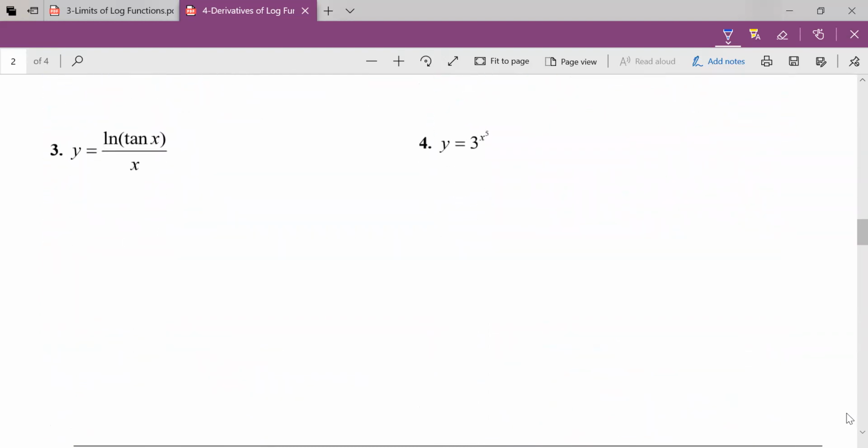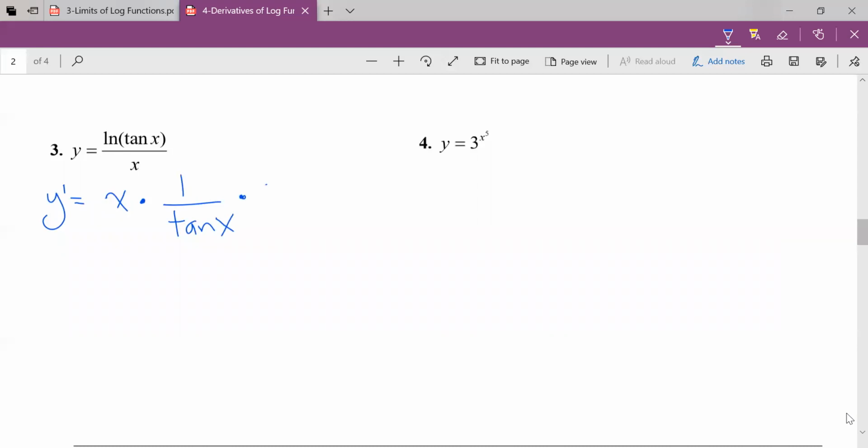All right, let's try a couple more. So y is equal to the natural log of tangent x over x. Okay, so this is quotient rule. Bottom times the derivative of the top. Well, the derivative of the top, it's natural log, so I go 1 over the inside function multiplied by the derivative of the inside function.